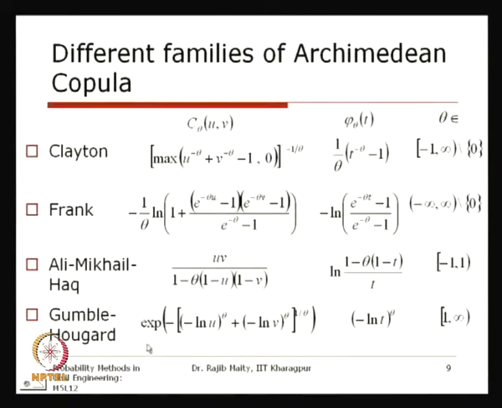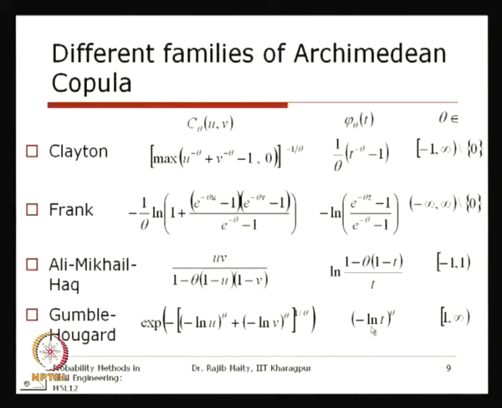And the last one is the Gumbel-Hougaard copula, for which the copula form is exponential of minus of minus log natural u power theta plus minus log natural v power theta, whole power 1 by theta, and its generator is minus ln t power theta, and its range of dependence is 1 to infinity.